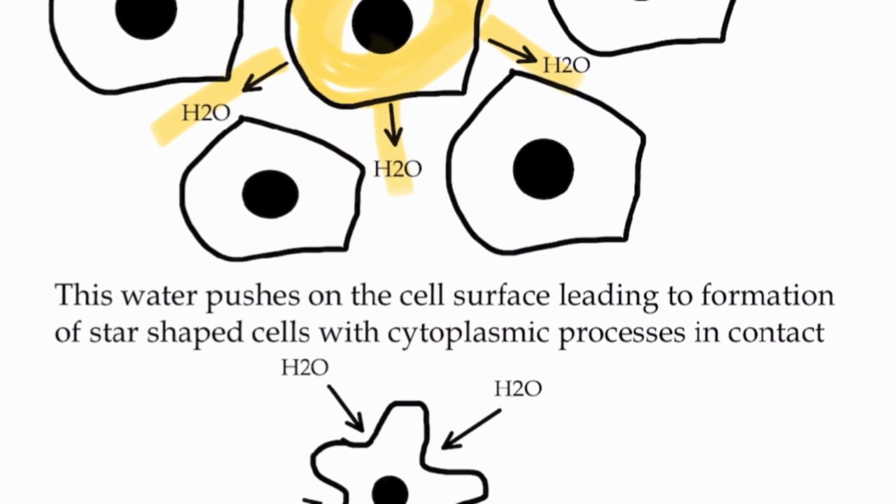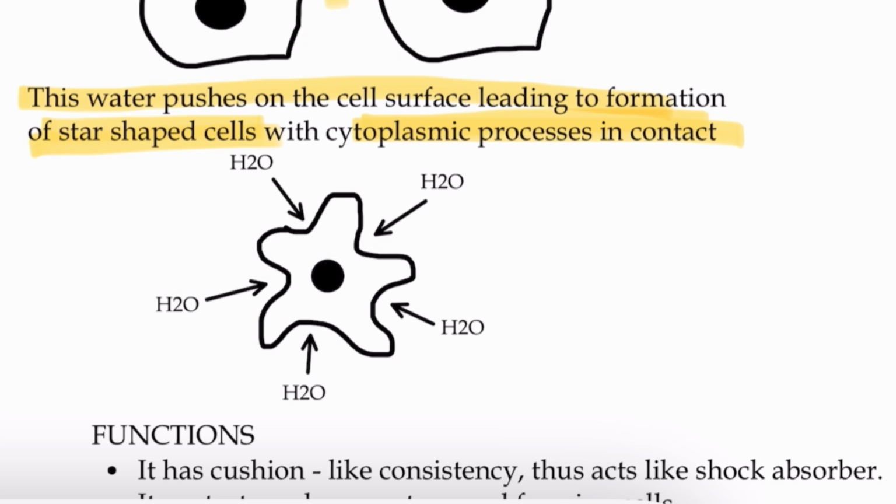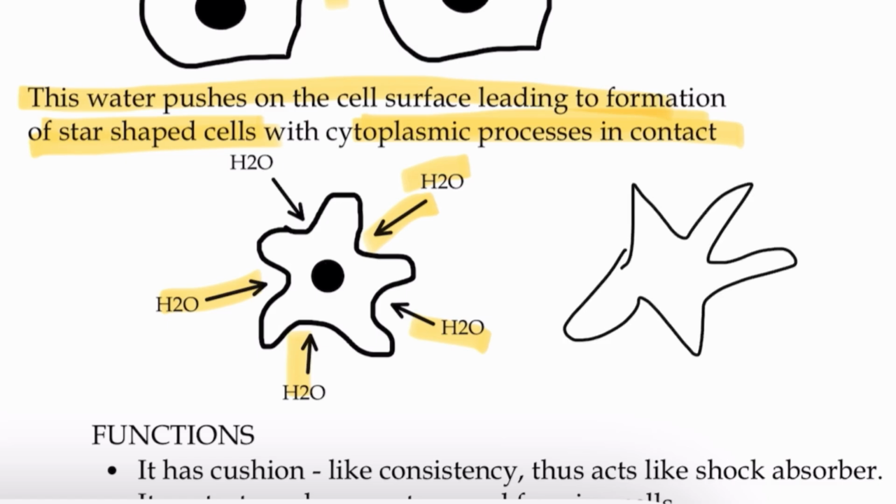Next, this water pushes on the cell surface, leading to the formation of star-shaped cells with cytoplasmic processes in contact. So what is happening? This water that was thrown out of the cell is now going to push on the cell surface, which will lead to changes in the shape of the cell. So it was first polygonal, now it looks like a star. I am really bad at drawing, as you can see, but I've made an effort, so it will be like a star.